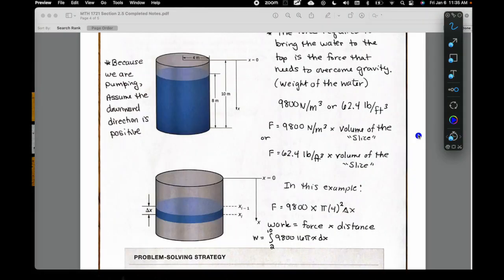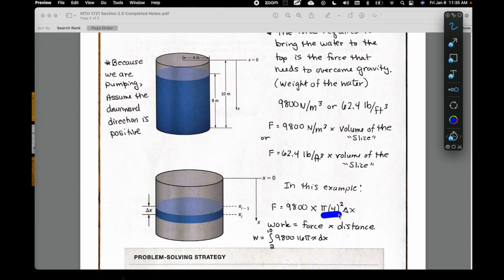So when we look at the shape of this specific tank and I look at a cross section, it's going to be a disc. So to find the volume of one of our slices, it's going to be the area of a circle, which is pi r squared. And it says the radius in this case is 4.